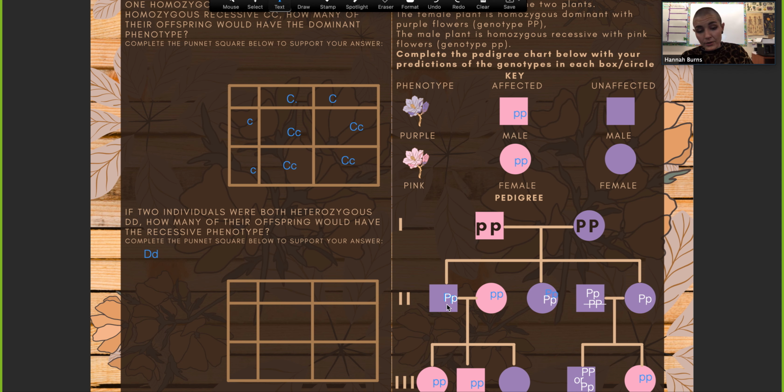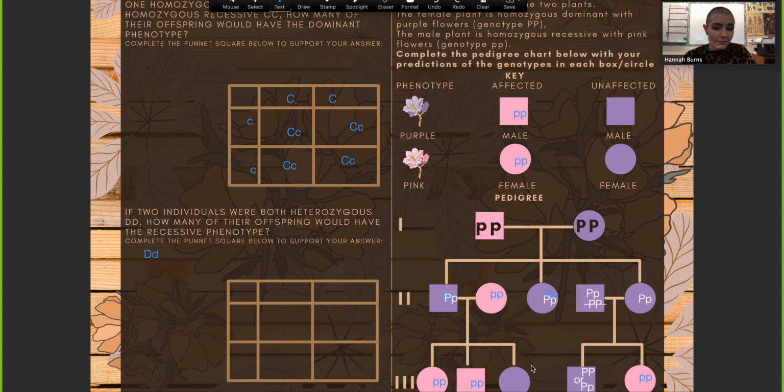If I could have either homozygous dominant or heterozygous, homozygous dominant means I'm getting one dominant allele from both parents, and then heterozygous dominant means I'm getting one dominant allele and one recessive allele. Once again, completing a Punnett square to map this out will help a lot. And this Punnett square is an exact match, so that might help.